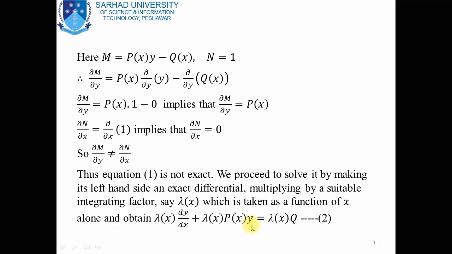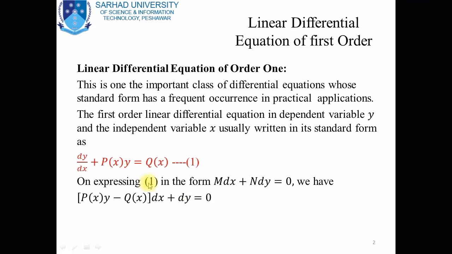This is equation number 2. So dear students, note that the linear differential equation of first order is actually a non-exact differential equation. First of all we have to find an integrating factor, then multiplying the integrating factor to equation number 1 we obtain an exact differential equation.